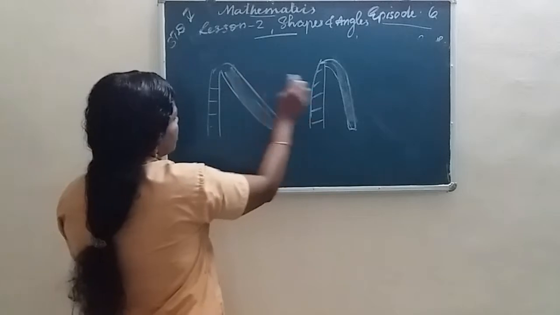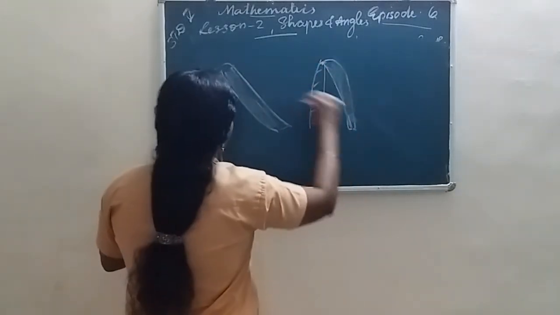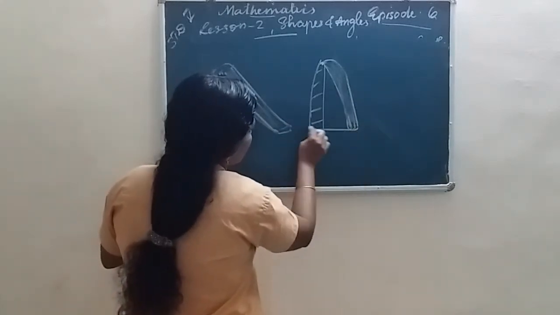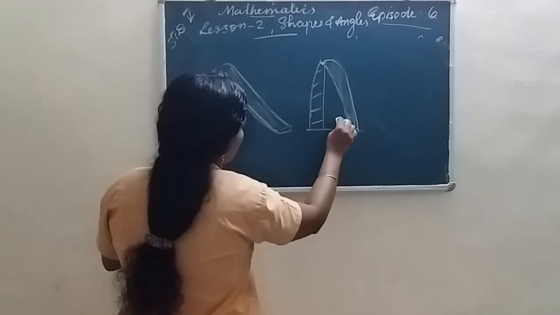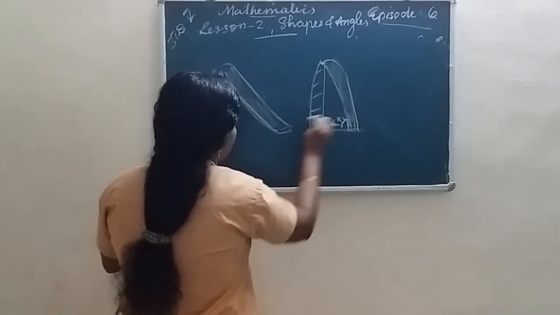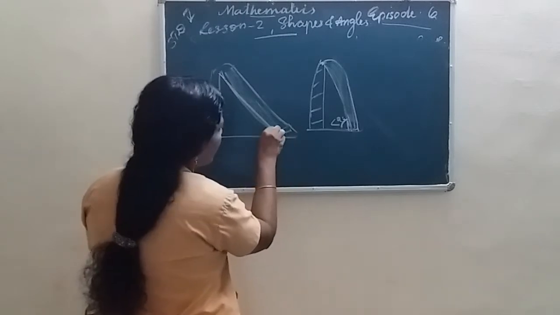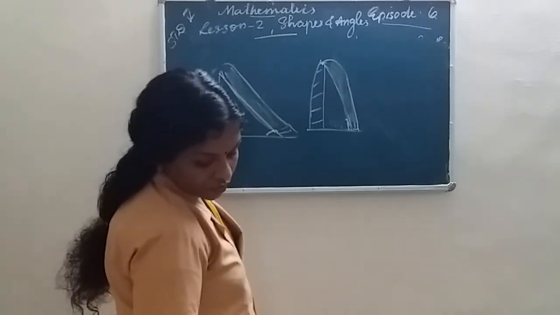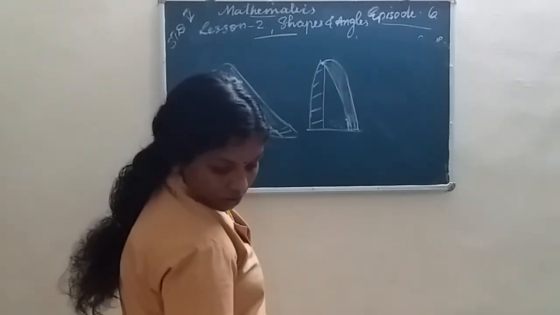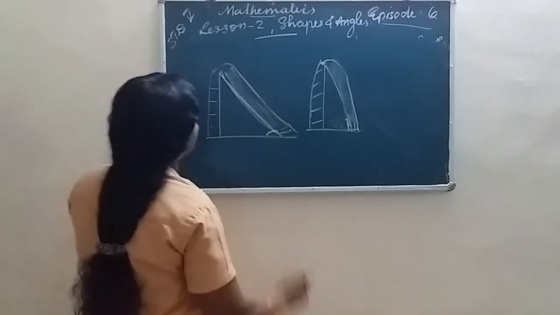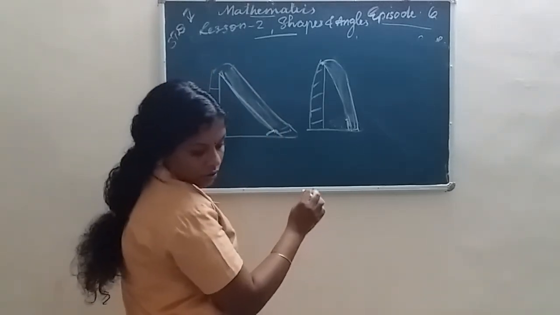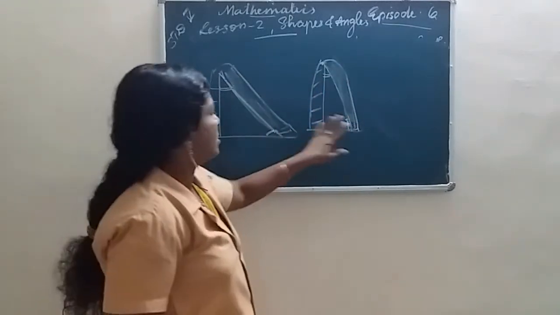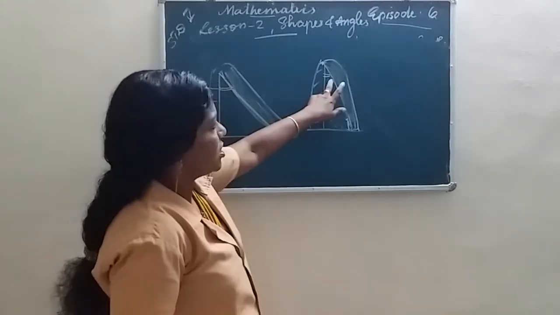Which has the larger angle? Here look, this is the floor. So this is a small angle, less than 90 degrees. This is the larger angle, this is the smaller angle. Small angle, this is a large angle. Here look, this is a large angle, this is a small angle.